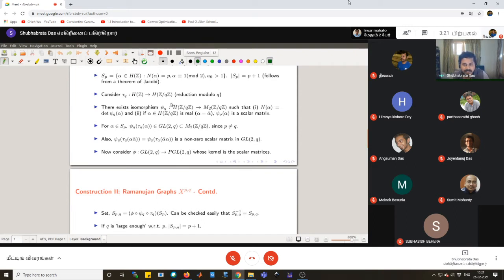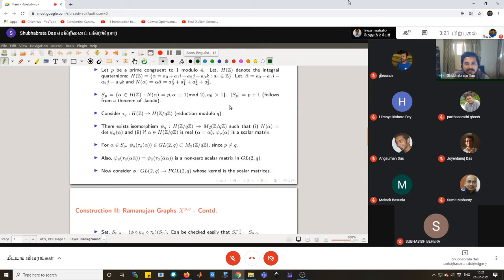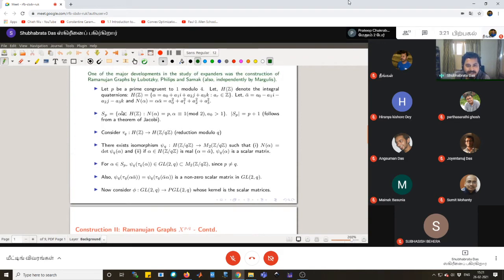It can be checked, and this is not too difficult, that this image is actually in GL2Q, and the determinant is the norm of alpha. The norm of alpha was P, and P is not equal to Q, so the determinant doesn't vanish.